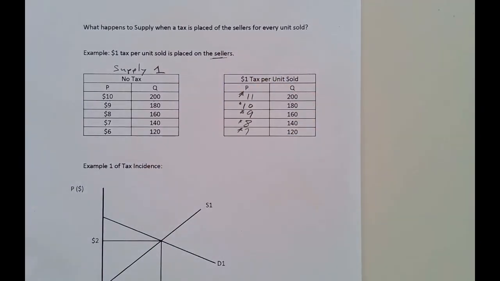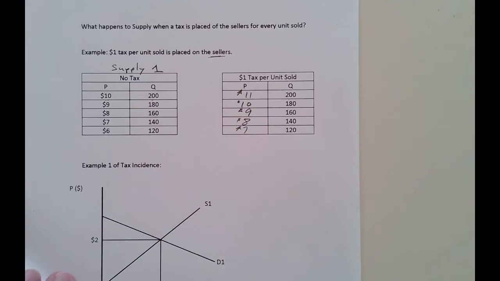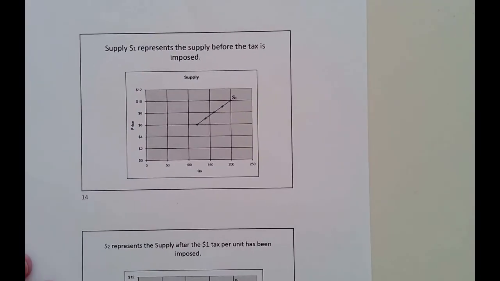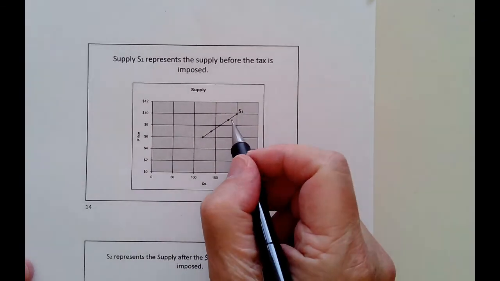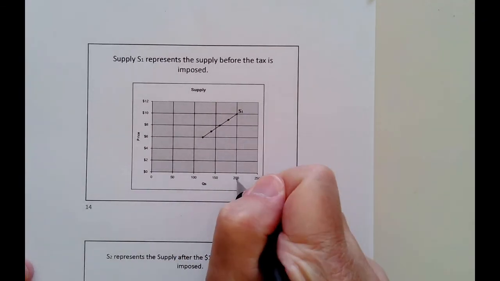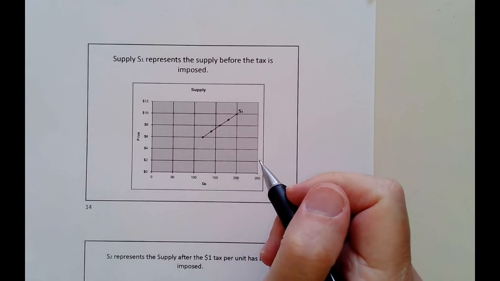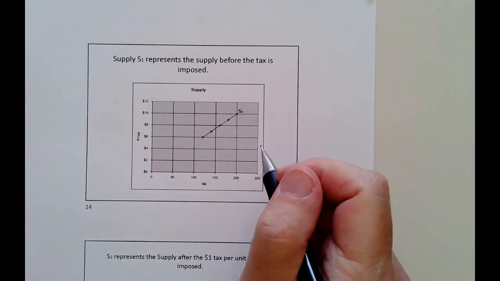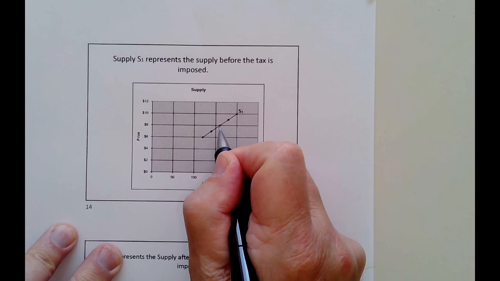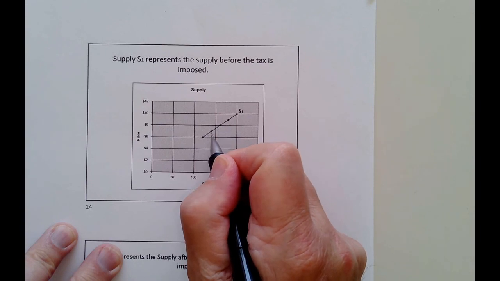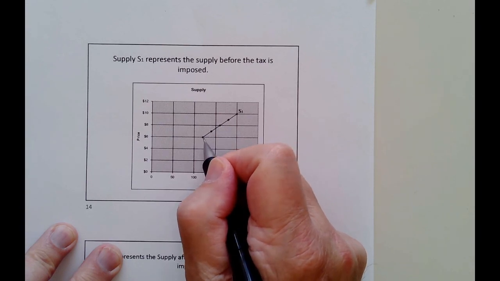And so what this does, it gives us a graph like this. This right here is the supply before the tax. So this was the $10 for 200, and then we had $9, 180 right there, $8, 160, $7, 140, and then $6, 120.